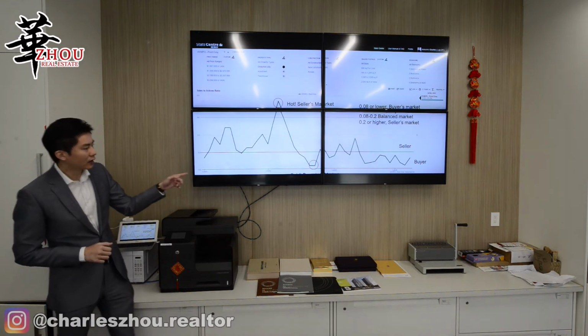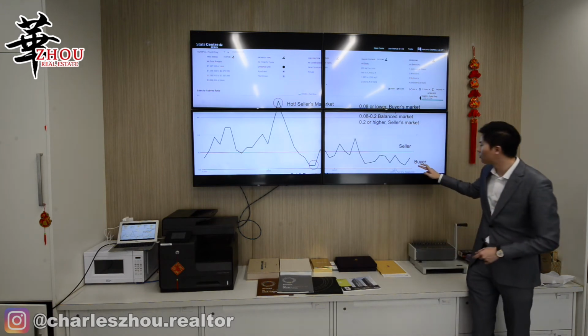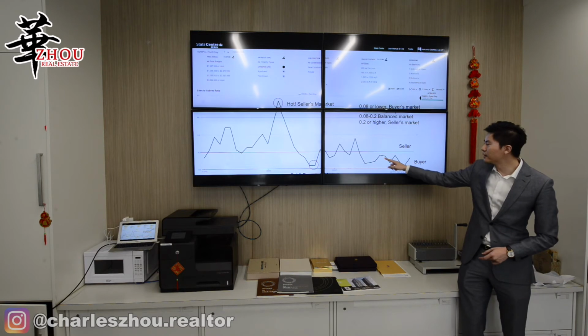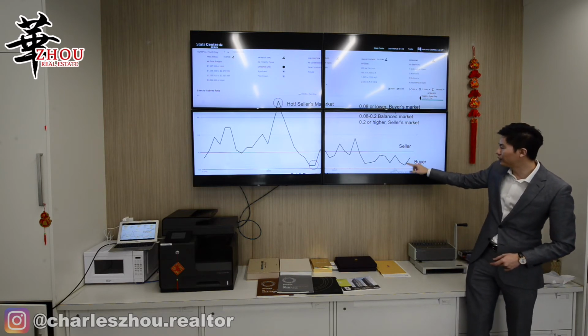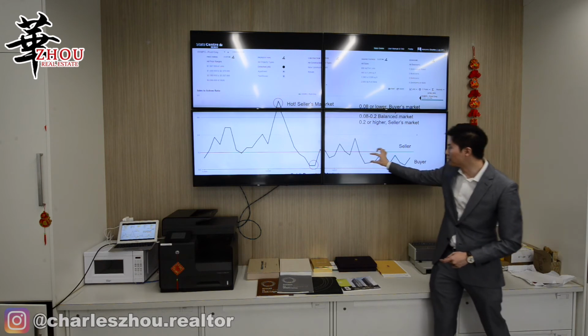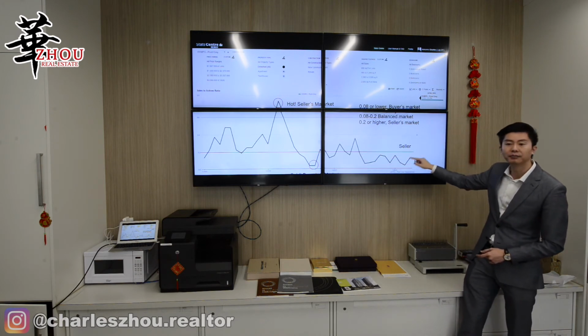So in today's market, are we in a seller's market, a buyer's market, or a balanced market? Although this part seems to be going up, you have to explain to them, look at this: it's flat, it's not up. It's up, down, up, down, up, down.